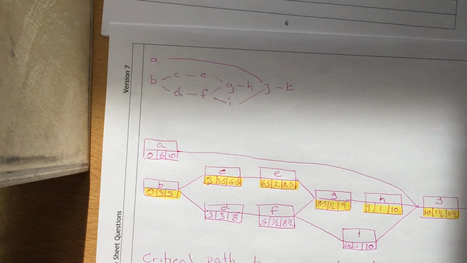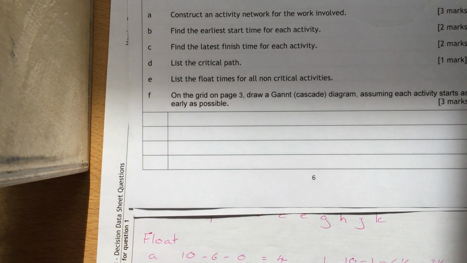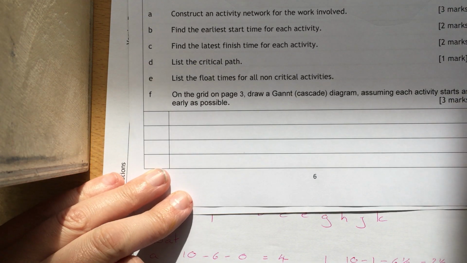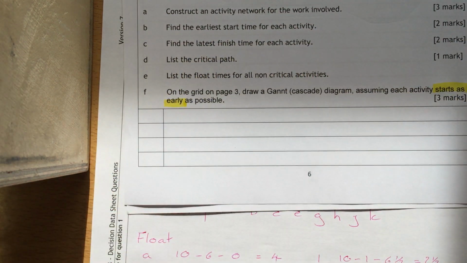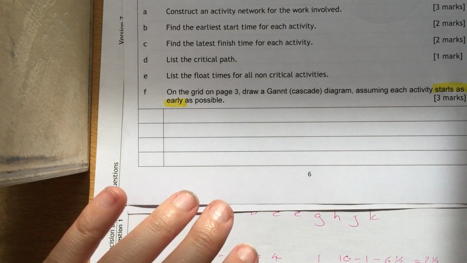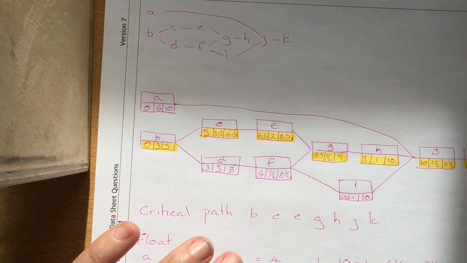Then we are being asked for our cascade diagram or our Gantt chart, and we are looking at starts as early as possible. So starts as early as possible is the most normal way of doing it. So you're looking at a box at the beginning and the dotted line coming out of it.